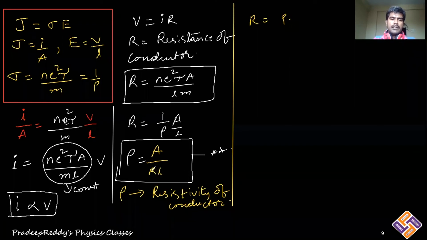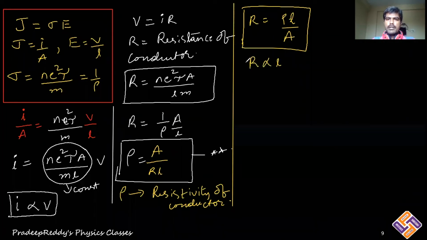So R is simply written as rho L divided by A. This is one more expression for resistance of the conductor. From this you can write, rho is constant, however we have defined it. R is directly proportional to length L and R is inversely proportional to area of cross section.